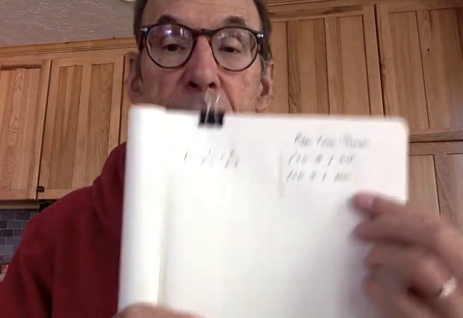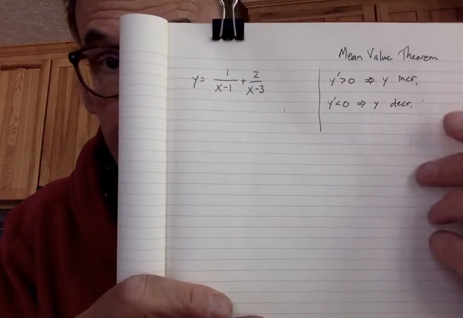I'm abbreviating increasing and decreasing. This is the mean value theorem, and this is the biggest tool that we've got for analyzing functions. Nobody but me says this, but this is almost calculus right here as far as how we apply it to making models.